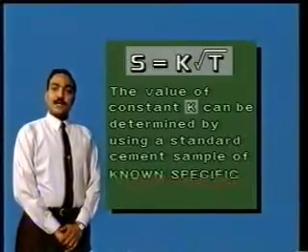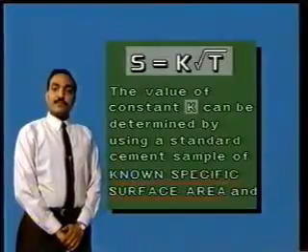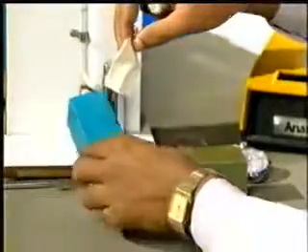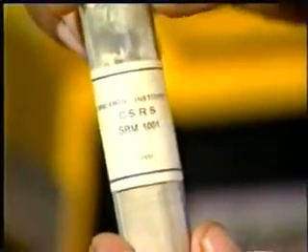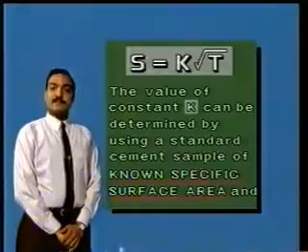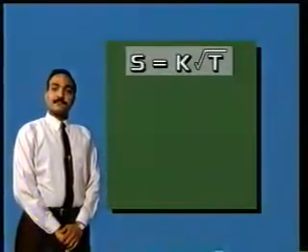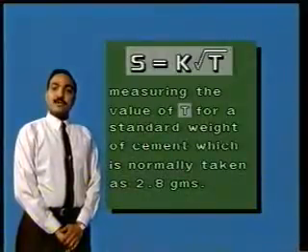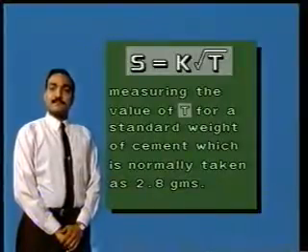The value of constant K can be determined by using a standard cement sample of known specific surface area and measuring the value of time T for a standard weight of cement, which is normally taken as 2.8 grams.